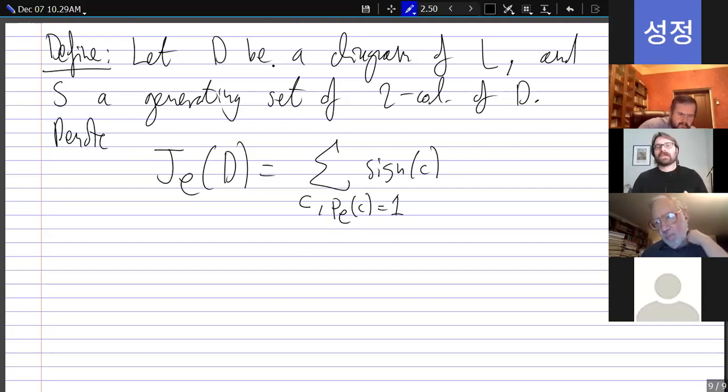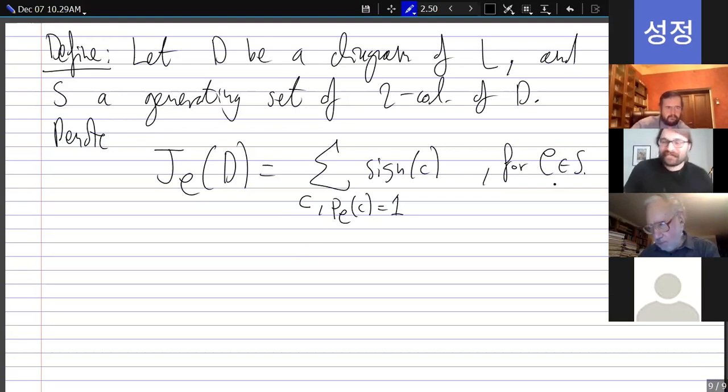But this should be for C in my generating set. So I just take the odd writhe as we might normally do, but this is a link, so it has many possible 2-colorings, and they all give a priori different parities for crossings.